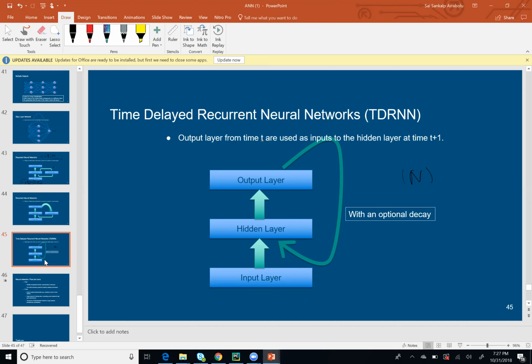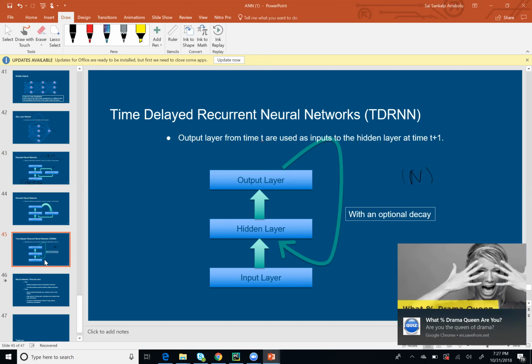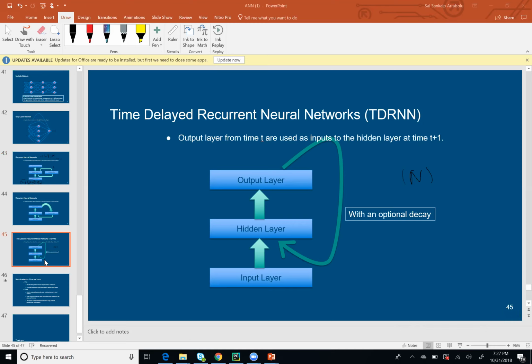Is that clear? Any questions on recurrent? We won't be touching the complex nature of these things, as I said, but I just wanted to explain what these networks are.